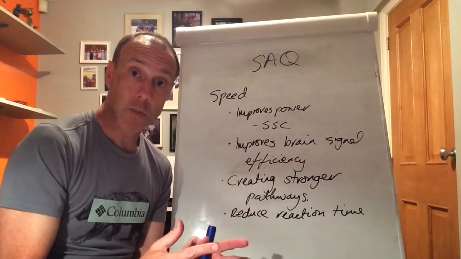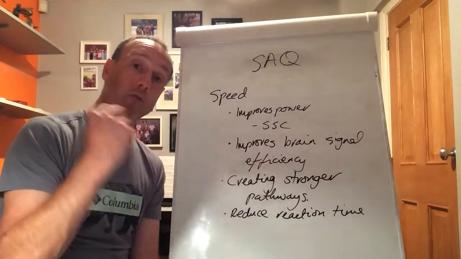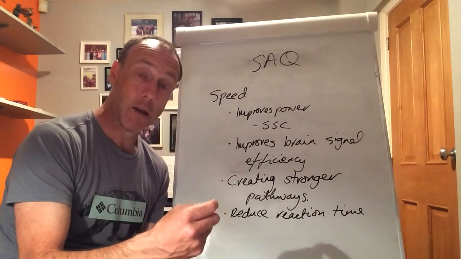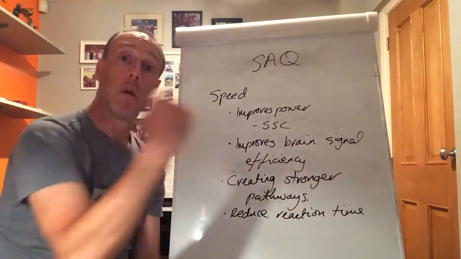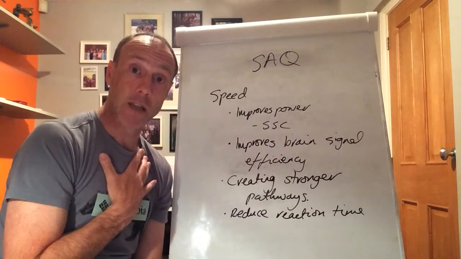And if I'm a 100-metre sprinter at the start of a race, and I've got a far greater rate of transmission of action potentials into my gastrocnemius at the beginning, I'm going to react quicker to the gun, I'm going to be out faster from the blocks, and I'm going to be quicker overall than I would have been had I not gone through SAQ.